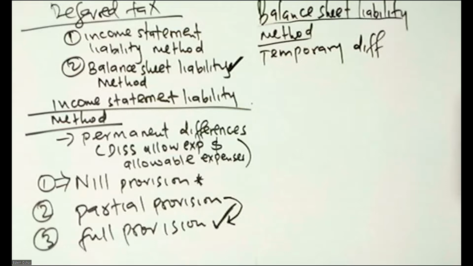When the carrying amount is greater than the tax base, that is a taxable temporal difference. When the carrying amount is less than the tax base, that is a deductible temporal difference. So that is the method recommended, the balance sheet liability method.